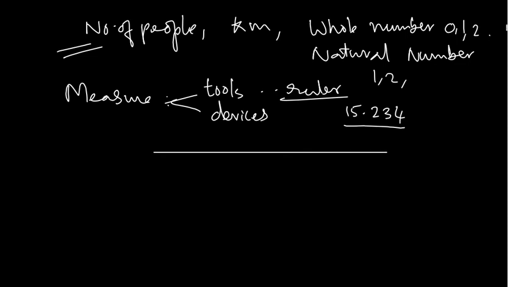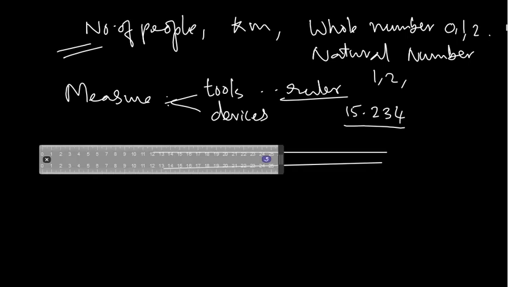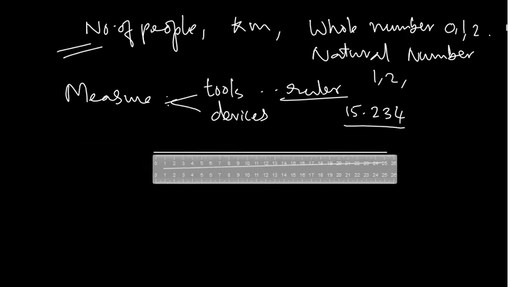You put the ruler here and measure it, and it says 25 point something. This line length is 25 point something.